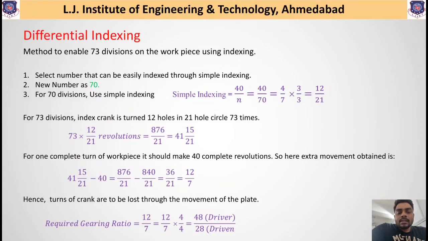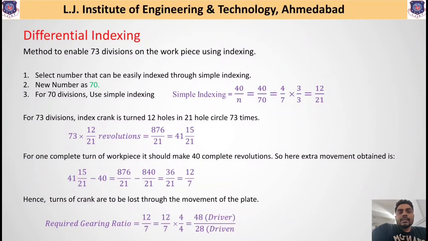And from this, try to convert this gearing ratio to available standard gears, and these are arranged as a driver and driven gear in the universal dividing assembly. So these are the simple steps to solve the example given in the case of differential indexing.